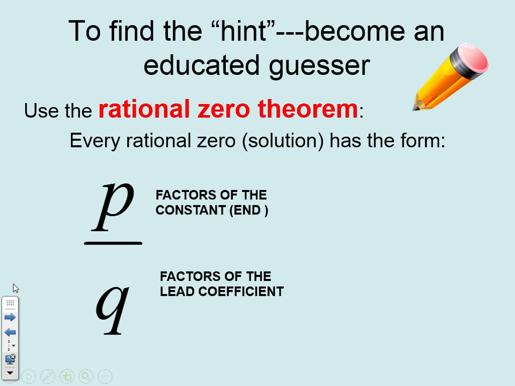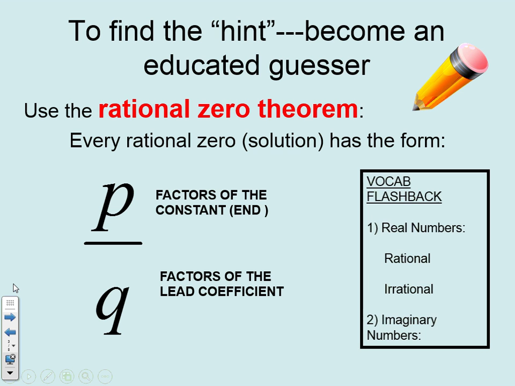Okay, so infinitely many possibilities or 10 is a lot easier number to work with. So that's what P over Q does for us. It helps us get a hint so that we can figure out how to finish the problem.